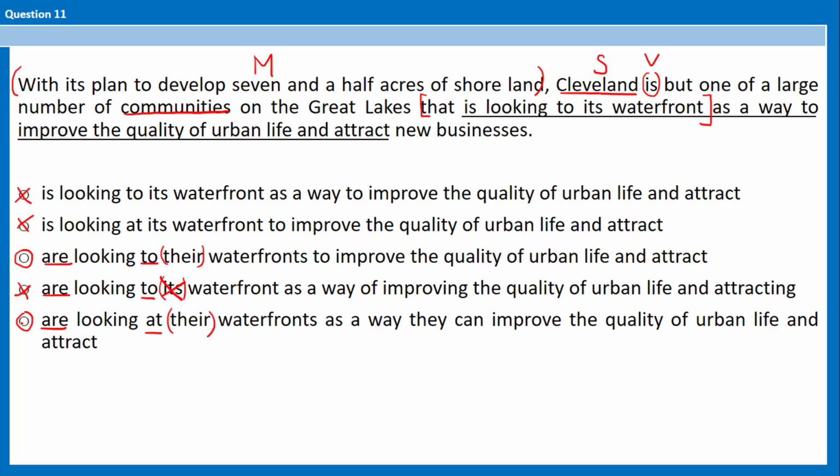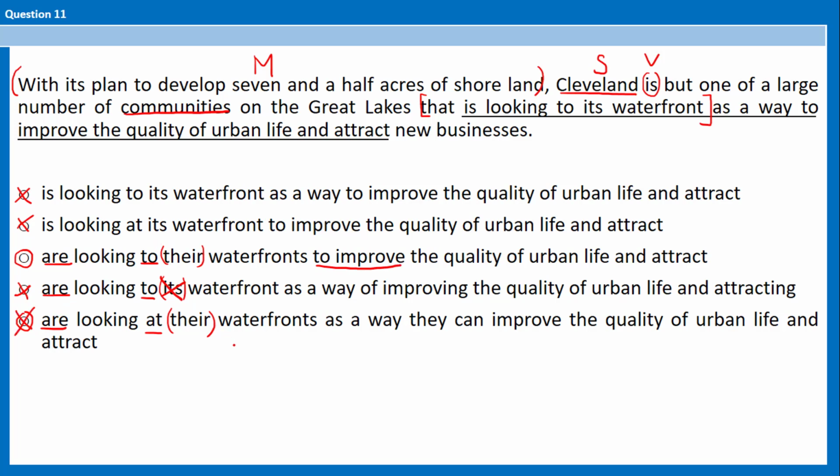Are looking to their waterfronts versus are looking at the waterfronts. Now, look at means to observe, to watch. And the communities are not watching other waterfronts as a way. They are looking to the waterfronts to improve. Okay? That's why we eliminate number 5.